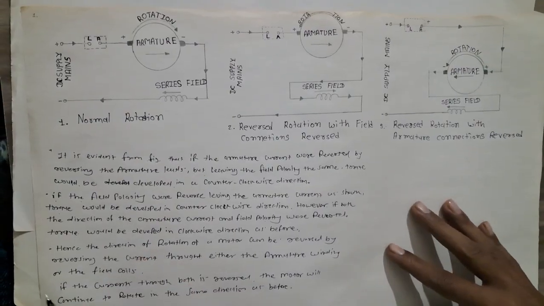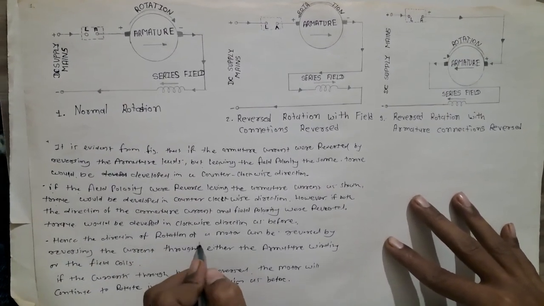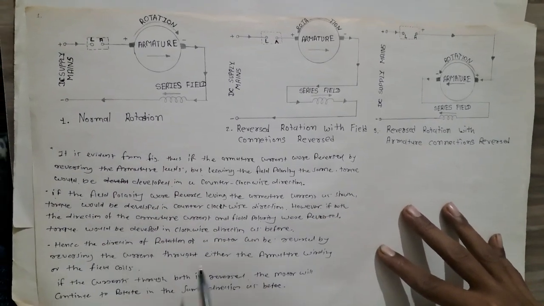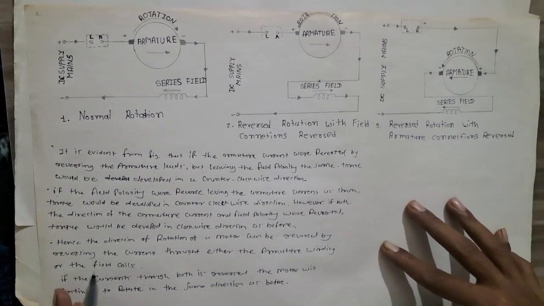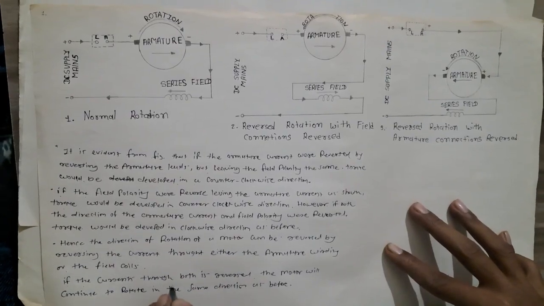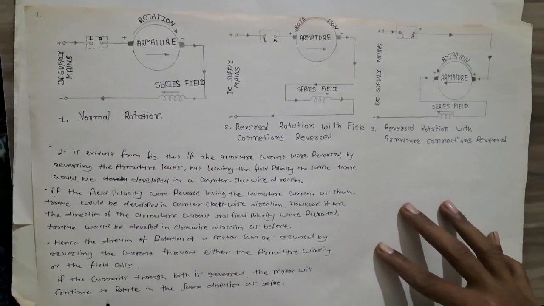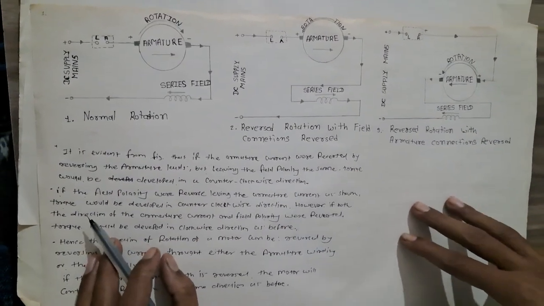Hence the direction of rotation can be reversed by reversing the current through either the armature winding or the field coils. If the current through both is reversed, the motor will continue to rotate in the same direction as before.